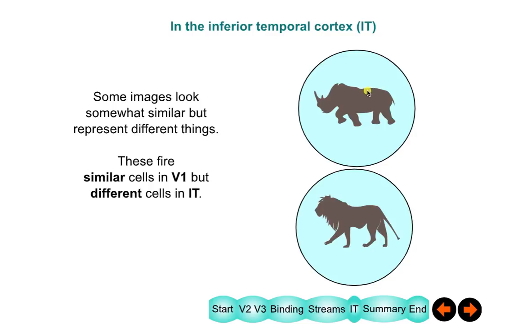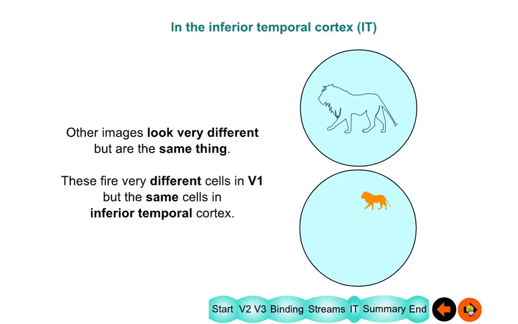Okay, it doesn't care if it's a lion or a rhinoceros. And over here, you can see that they might look very different because of different sizes, but you can still tell both are lions. Okay, but they light up a very different part of V1.